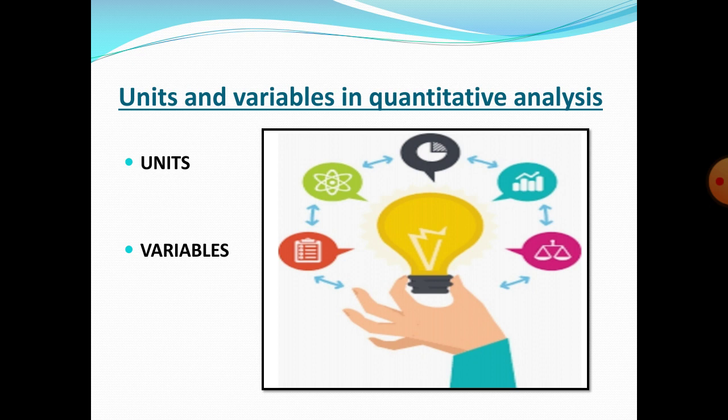Variables. The data that we are collecting from these units are known as variables. Variables are any characteristics of the units we are interested in and want to collect, like gender, age, self-esteem.